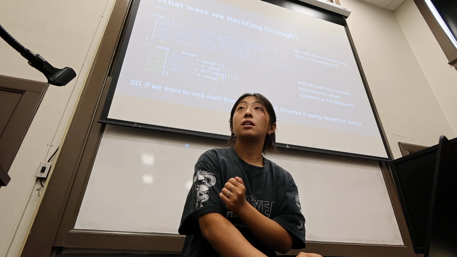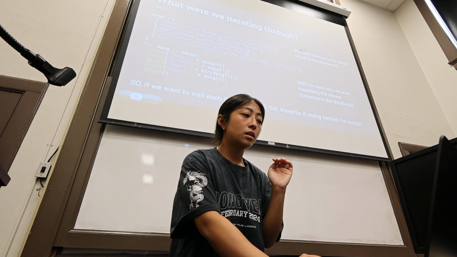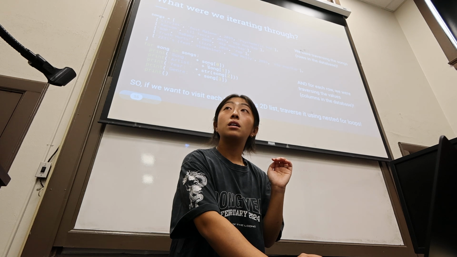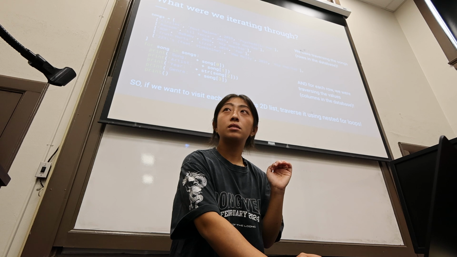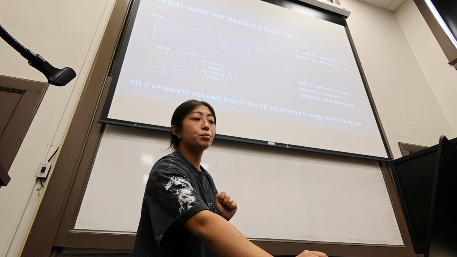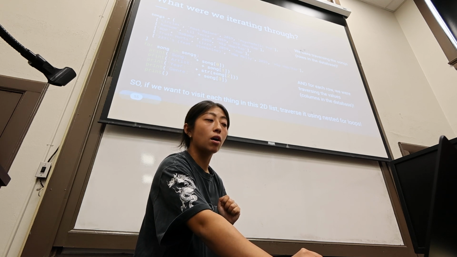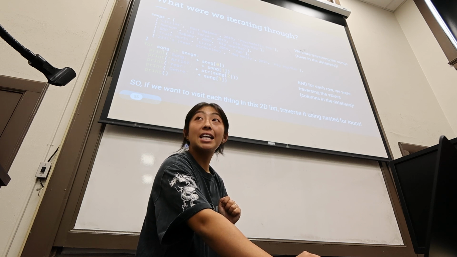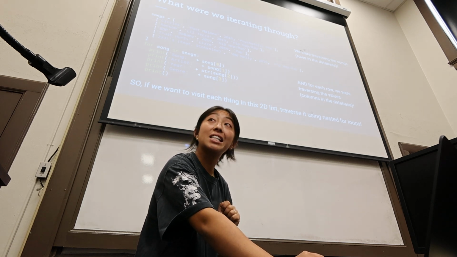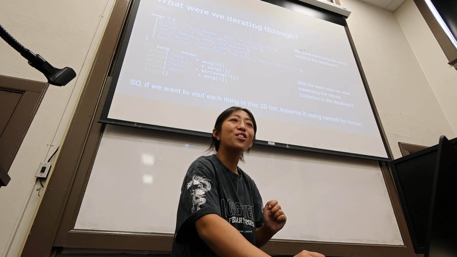Songs is a list of lists, so when you say for song in songs, each of these is a list itself. And then you can index into that because it's a list, and that's a valid thing to do. Does that answer your question? I don't know if I actually got your question.